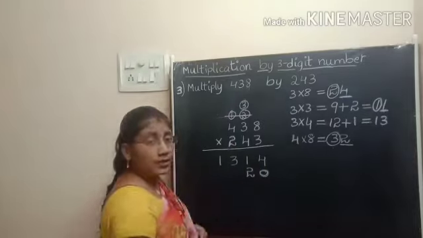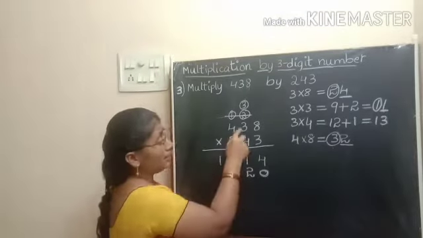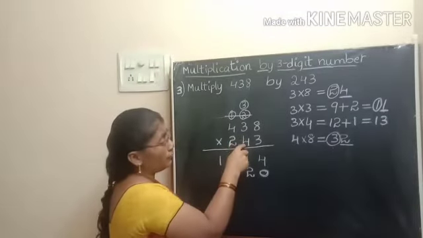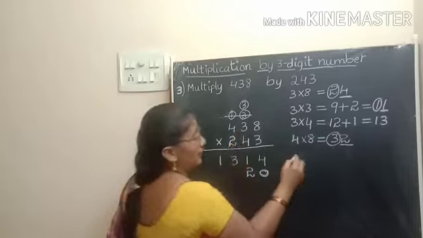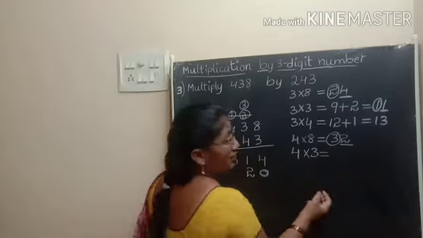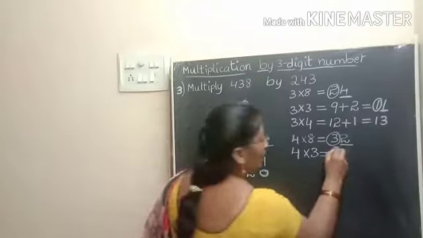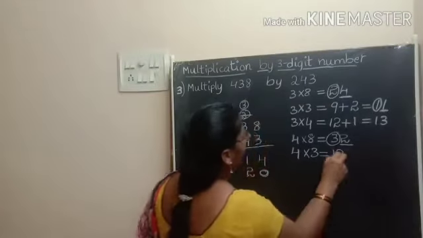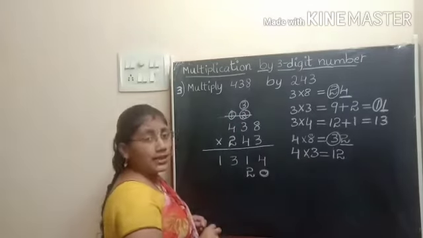Understood? Now we should multiply the digit in tens place with 4. Take 4 into 3. 4 3s are 12. But here we have 3 as carry.